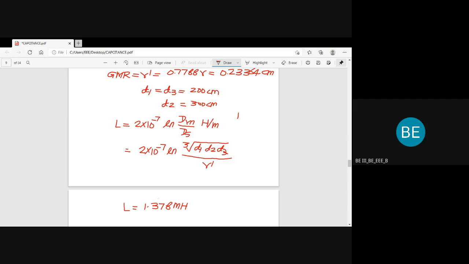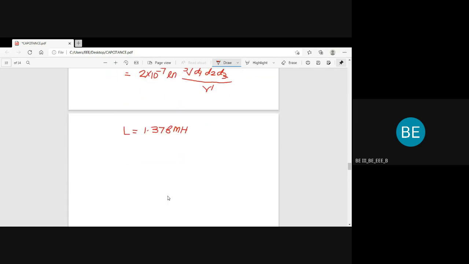Next will be the capacitance. We know the formula for capacitance. Capacitance C will be equal to 2 pi epsilon naught divided by ln of Dm by Ds farad per meter.